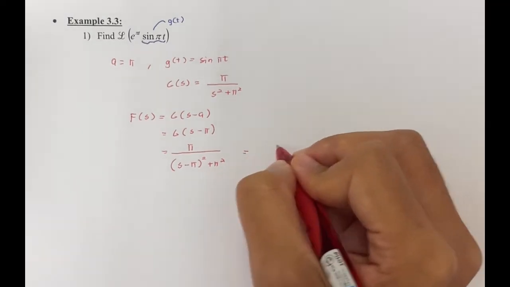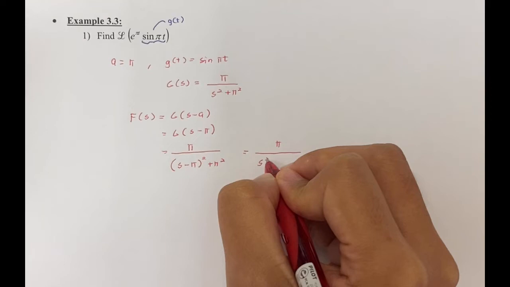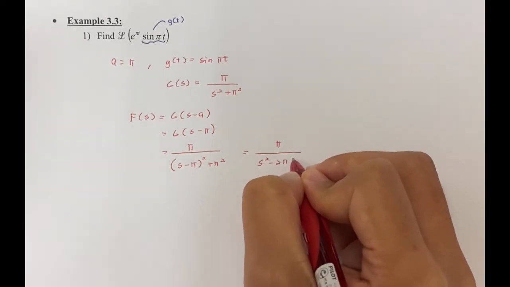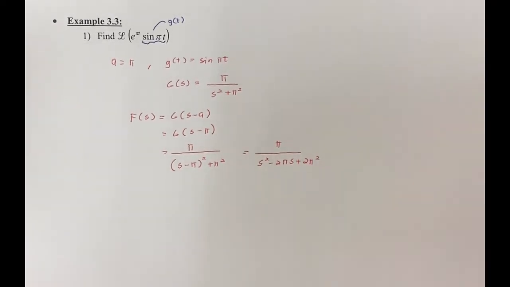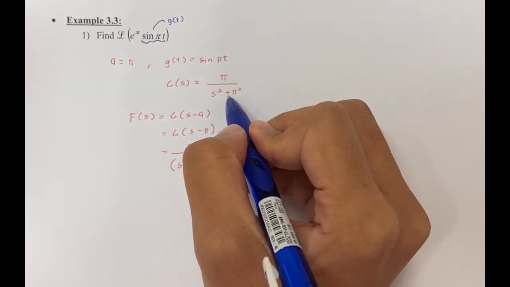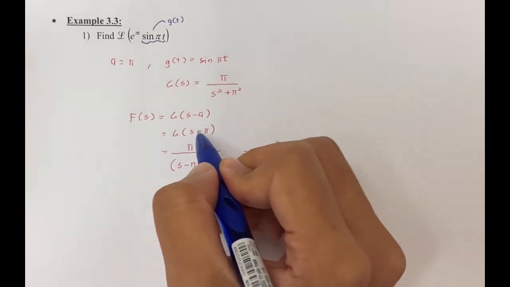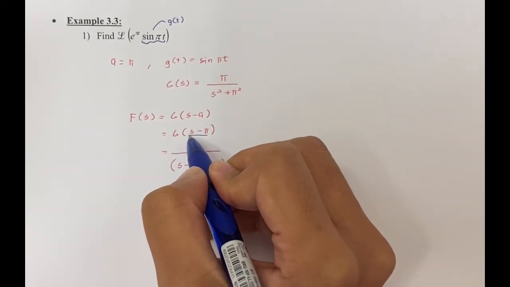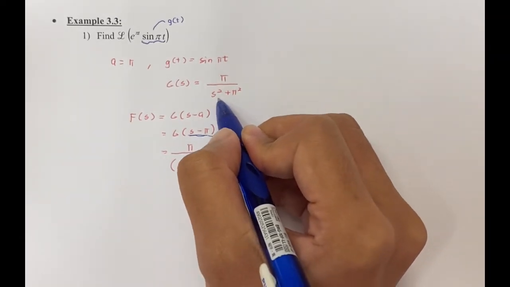Simplify this, you have pi divided by s squared minus 2 pi s plus 2 pi squared. I repeat, G(s) is pi over s squared plus pi squared, so to find G(s minus pi), you need to substitute this s minus pi into this s.